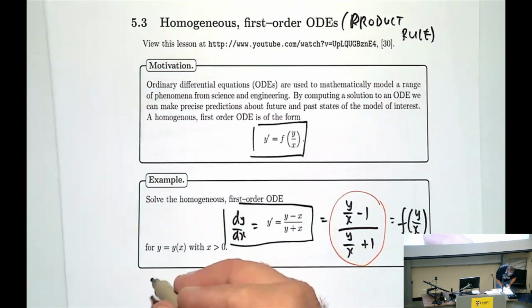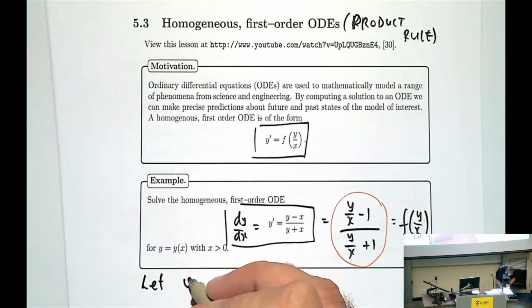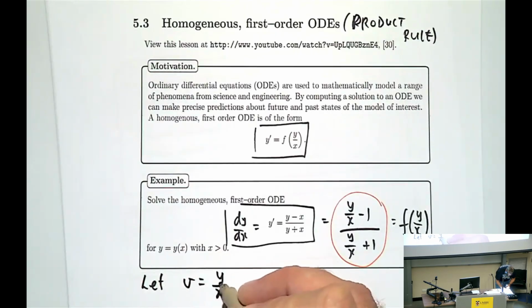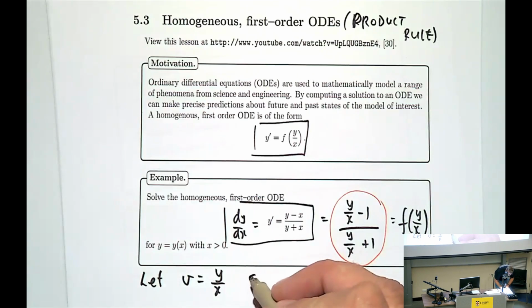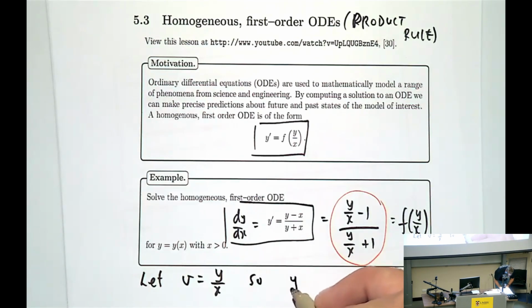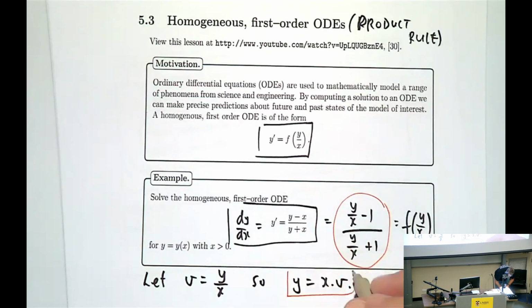I'm going to let v equal y on x. Remember, y is the thing we want. It's a function of x, and here I've got y on x throughout my differential equation. If I do that and move the x to the other side, I get this.